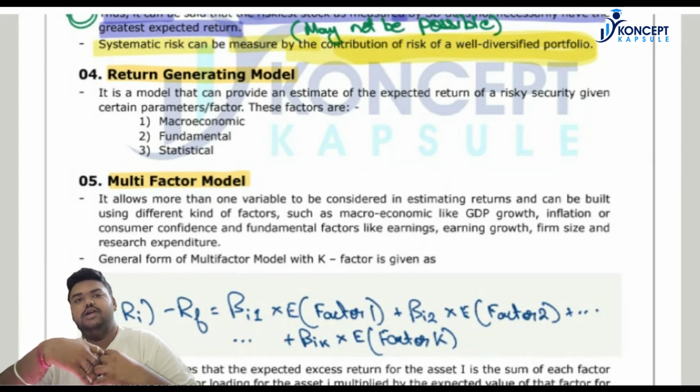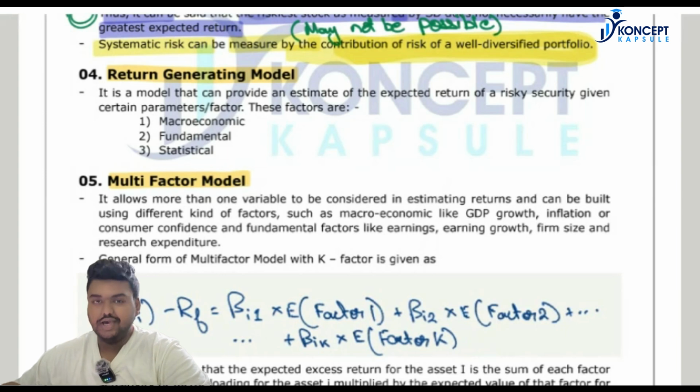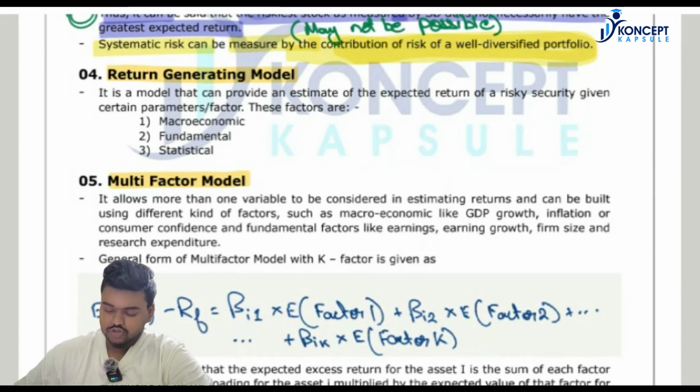When we are talking about returns based on systematic risk, we are considering returns which are based on beta. Then there are some other models in return which are dependent on specific factors or specific risk and the returns based out of it. Okay, so having this background, let us start.